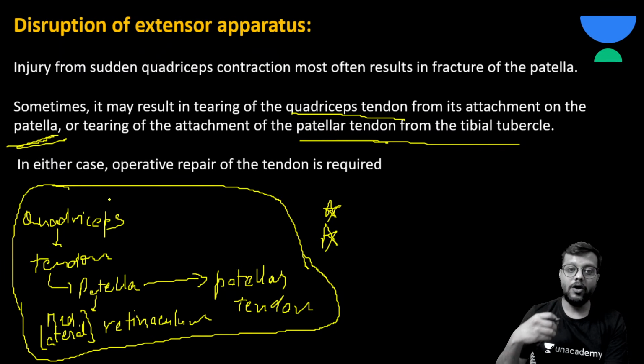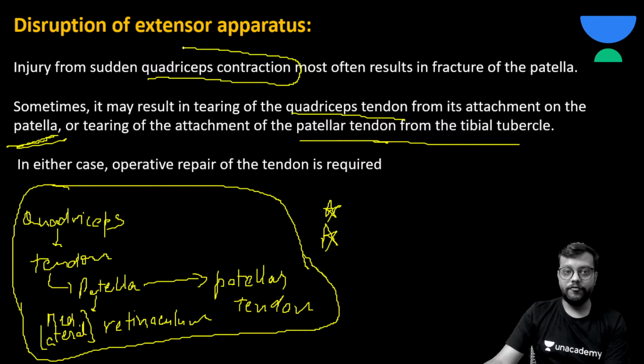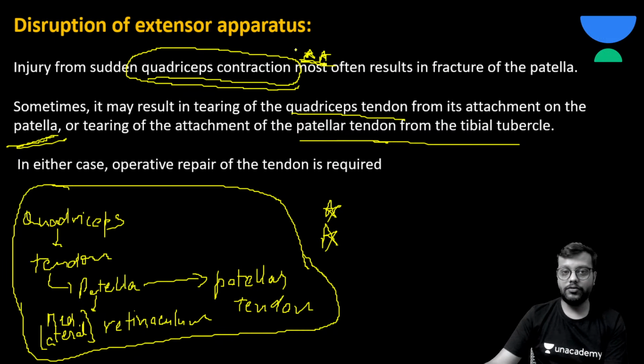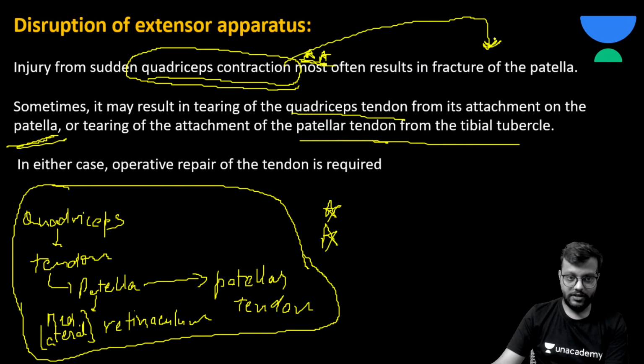Okay, so the most commonly injured muscle or tendon in extensor apparatus disruption is the quadriceps, and it is most commonly due to sudden contraction of the quadriceps, which will lead to fracture of the patella, like we have discussed yesterday.